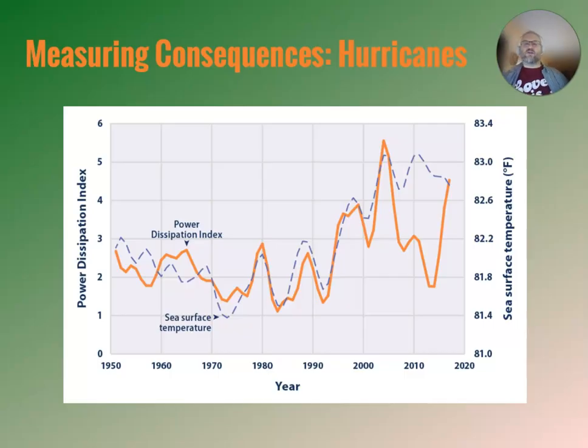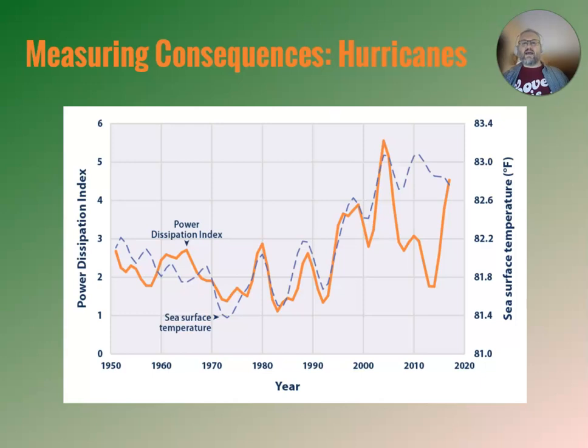So not just our overall global temperatures, but specifically the sea surface temperatures, which is what we would expect to be feeding into hurricanes, right? It's the warming of our sea surface that creates that greater evaporation that leads to a strengthening of hurricanes. So we do see this increasing trend in the strength of hurricanes.